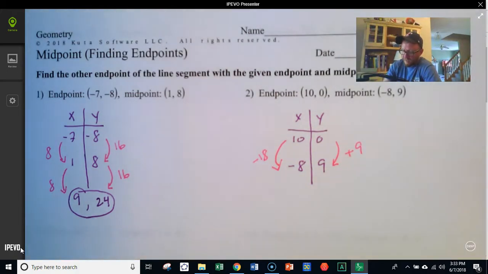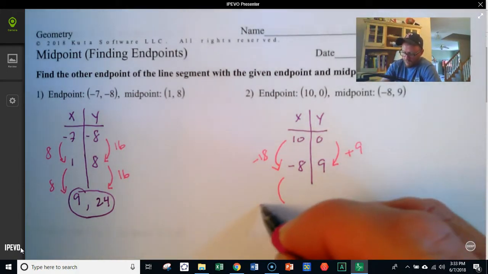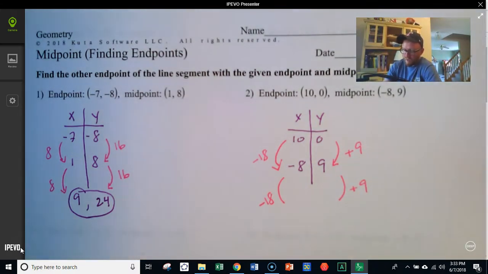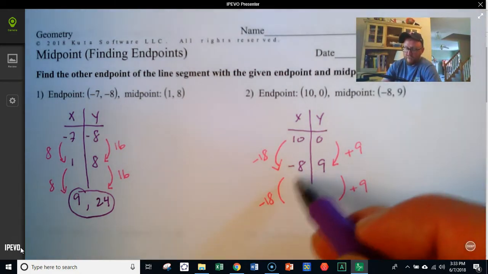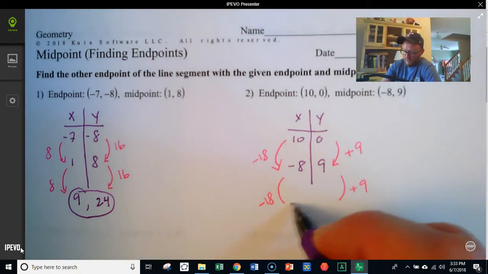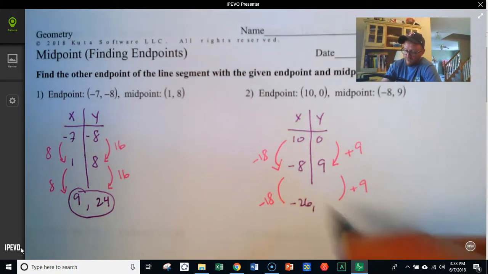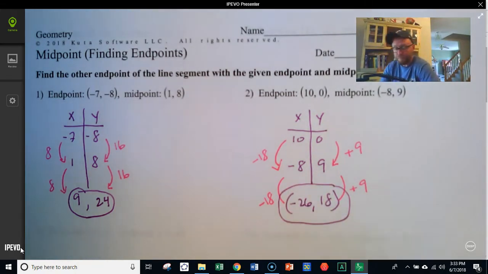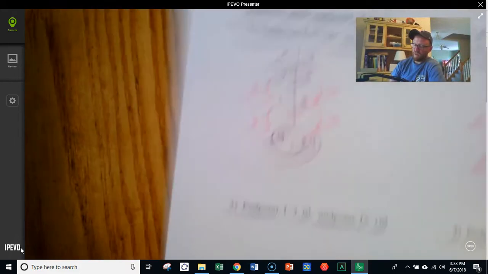So if I repeat that and go minus another 18 and plus another 9, -8 take away 18 is -26, and 9 plus 9 is 18. Take a look at another one.